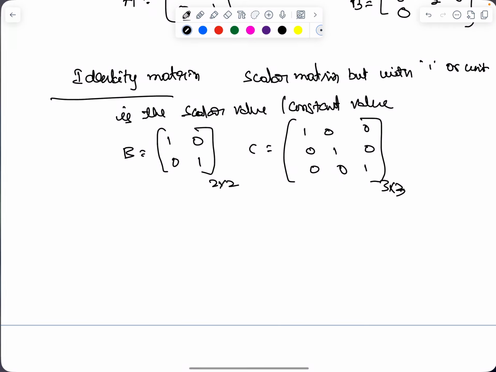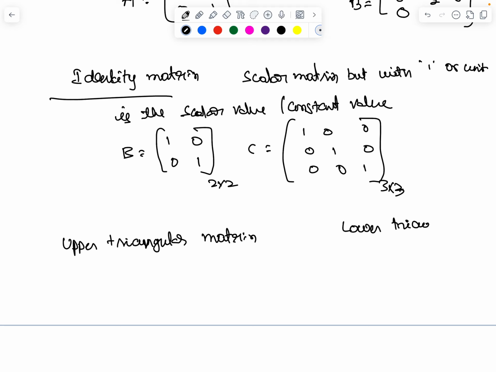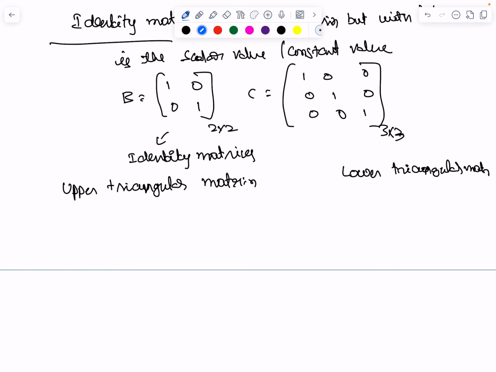The next one is called the upper triangular matrix, and similarly the lower triangular matrix. I want to just mention that the earlier ones are the identity matrices. Now if you look at this, it is also a special case of some different matrices.